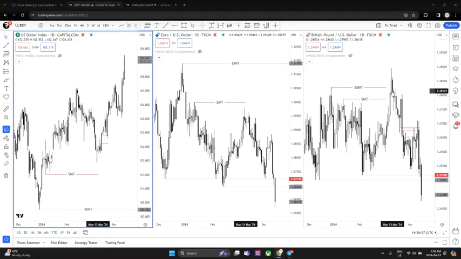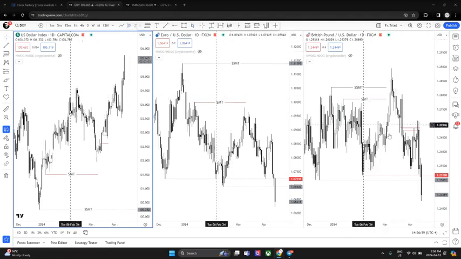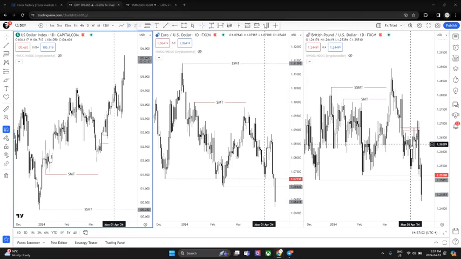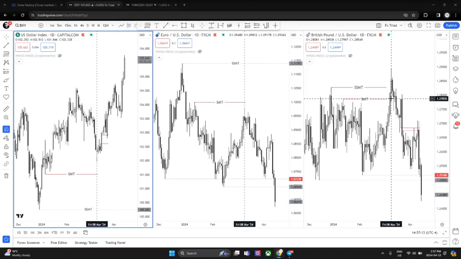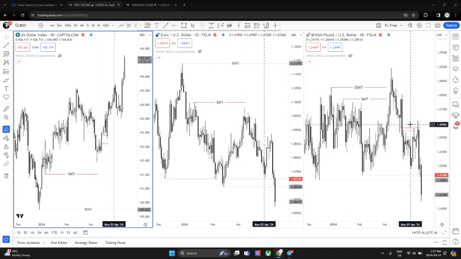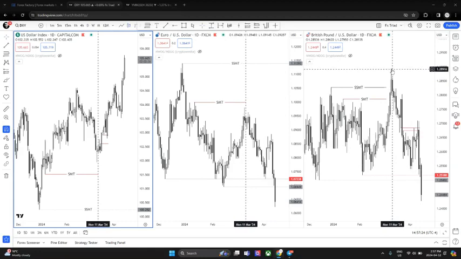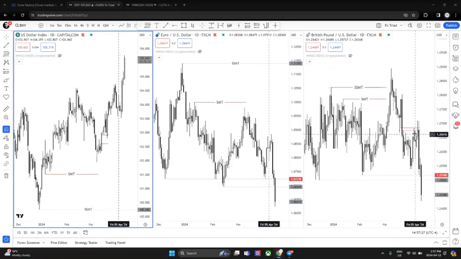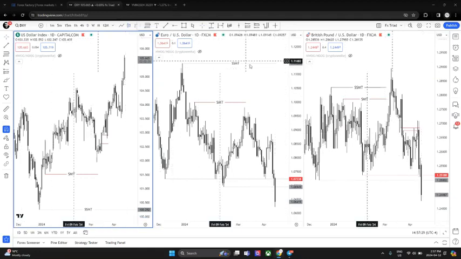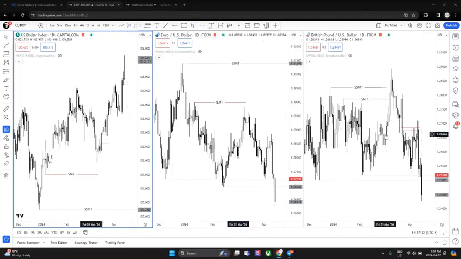This candle right here was a precision swing point, right? This was not. This was not a precision swing point. This was. Was this one? No. This down here was not greater than this, which is why we had price continue lower. You understand?